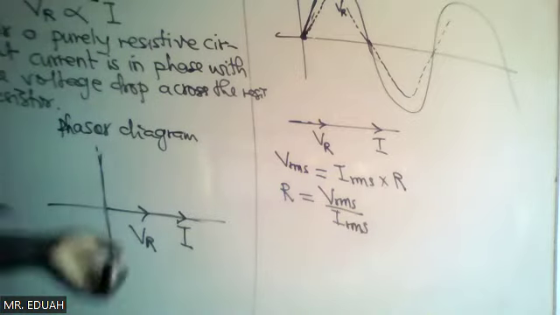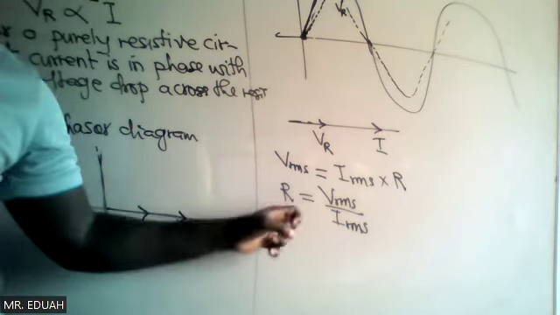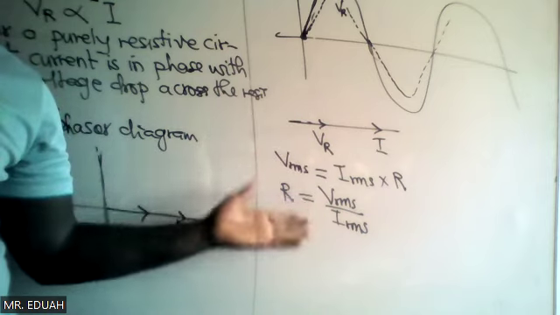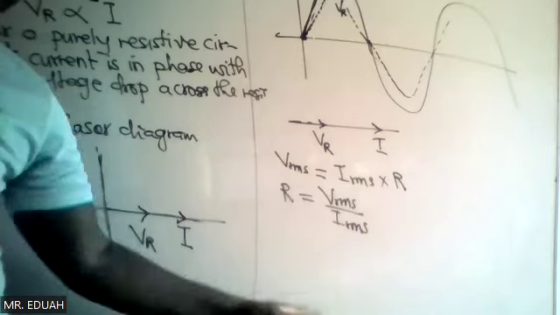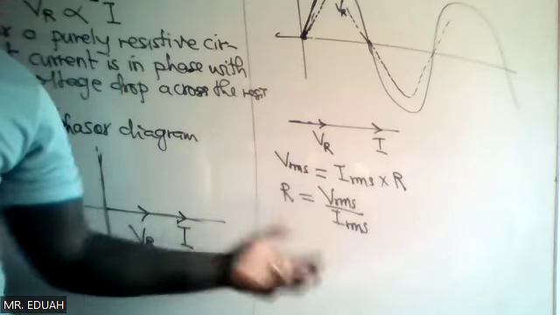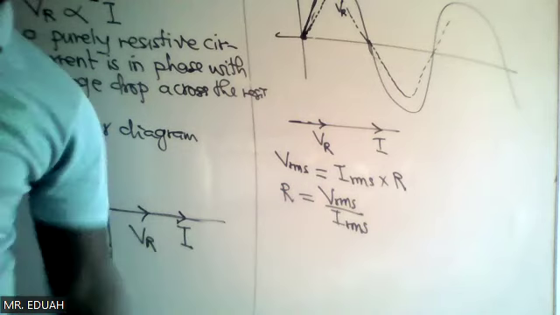And we are all familiar with resistance, SI unit ohm. But to find that, we must always express this in RMS value, because we are dealing with alternating current. If it is DC, we won't talk about root mean square values.